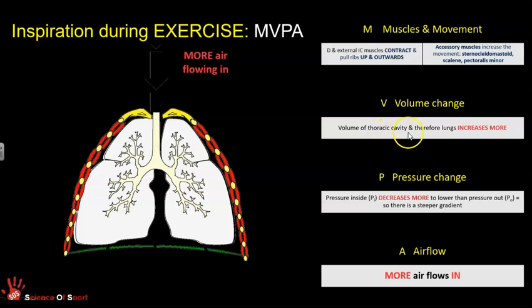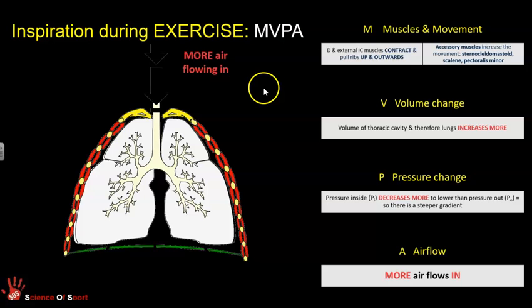So the volume of the thoracic cavity and therefore the lung volume is increased more. Now Boyle's law says these two are inversely proportional. So if volume goes up even more, the pressure will decrease even more. So the pressure in here is even less than the external atmospheric pressure. So if there's a bigger gradient, a high to a really low, more air will flow in, more air will be sucked in.